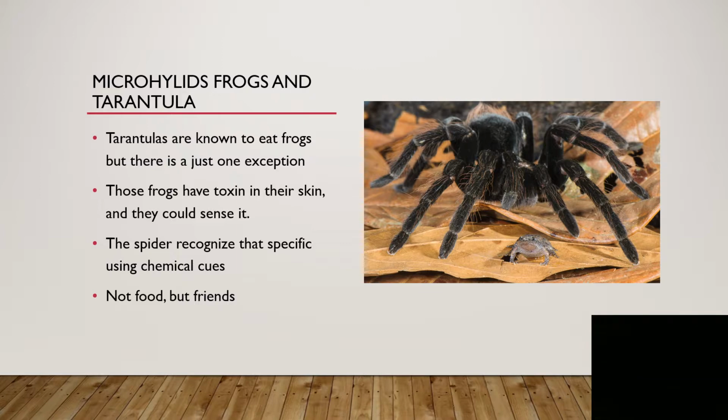Typically, the frogs have some sort of toxin on them, and the spider can sense it. So the spider would usually pick up the frog and sniff it as it rotates it in its tarantula limbs. And if they don't sense that chemical, that frog is food. And if they do sense that chemical, they will put the frog down and let it go on its merry way.